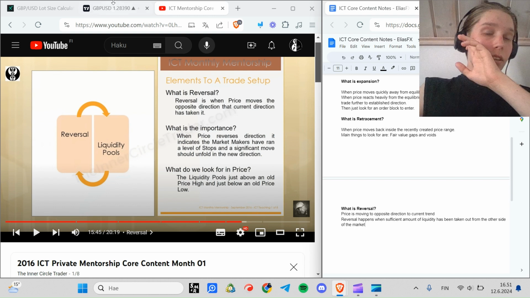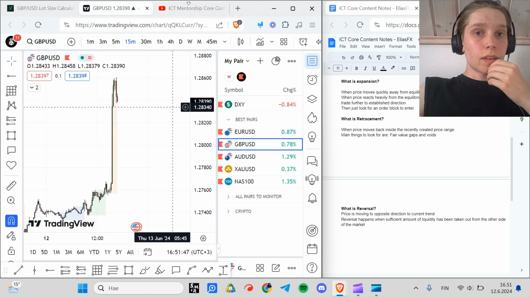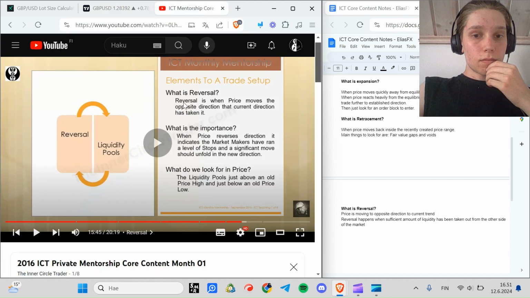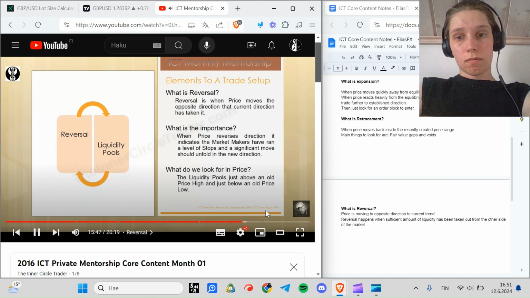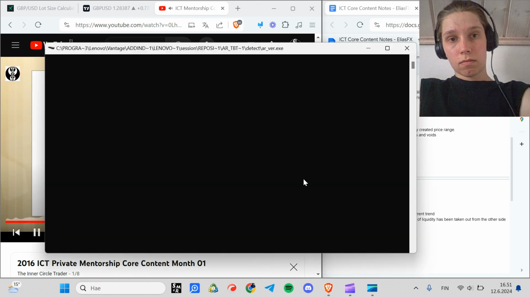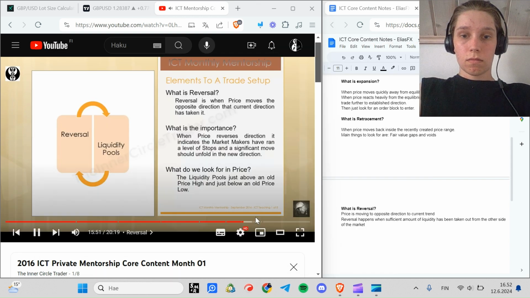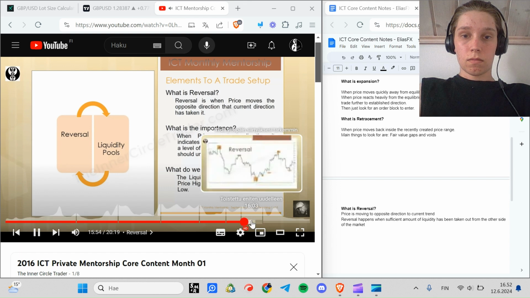The reversal is when price moves the opposite direction the current direction has taken. So if we are looking for reversals, where stops would be.